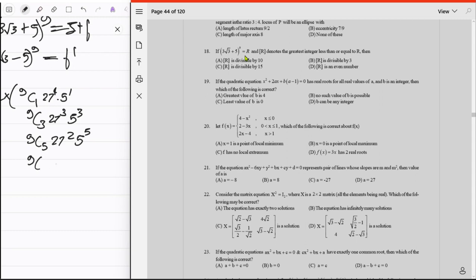Am I doing this right? I guess everything here is odd, it's like the odd power on -5 is negative, so it works out, right?